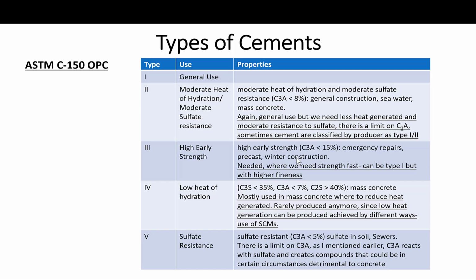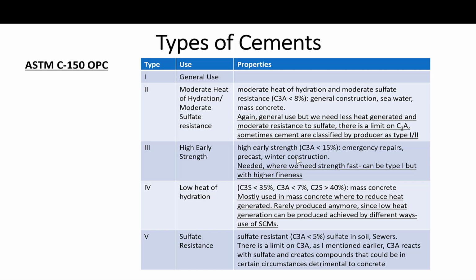We have type 1. This is the general use everyday cement. We have type 2. This is moderate heat of hydration and moderate sulfate resistance cement. When we have any of these situations, we need moderate heat generation and moderate sulfate resistance. When the situation is not severe, we could use this.